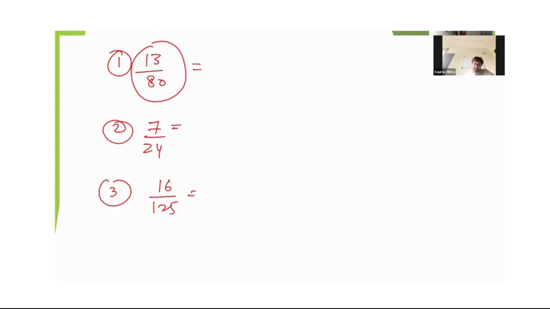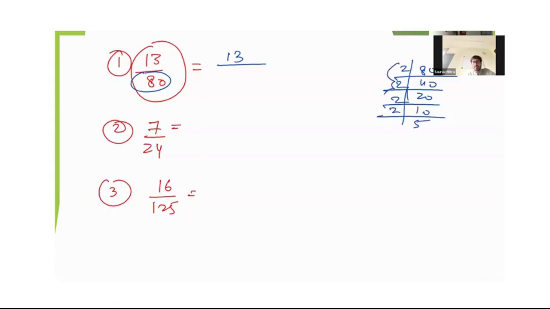Now focus on the denominator, which is 80. Let's do the prime factorization of 80: 2, 40, 2, 20, 2, 10, 2, 5, so 2 to the power 4 times 5.